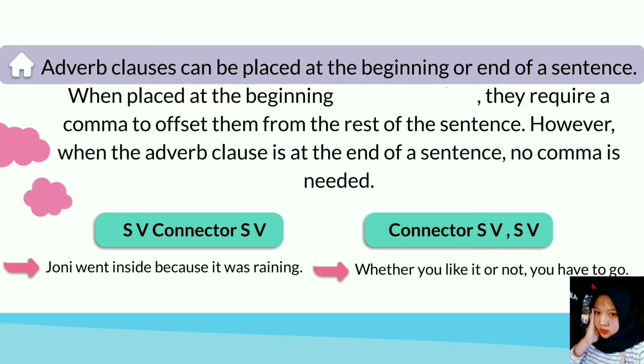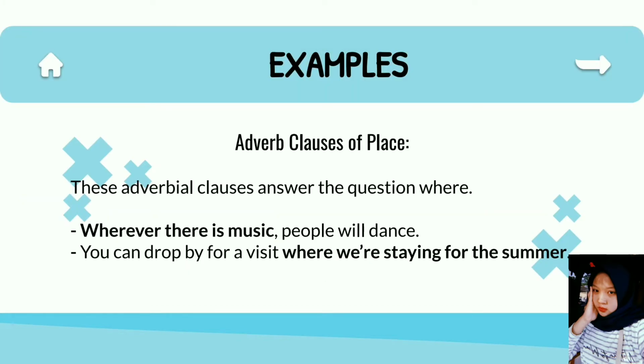And the example of number 2 is: whether you like it or not, you have to go. When the adverb clause is at the beginning of the sentence, we need a comma. Example, adverb clause of place.